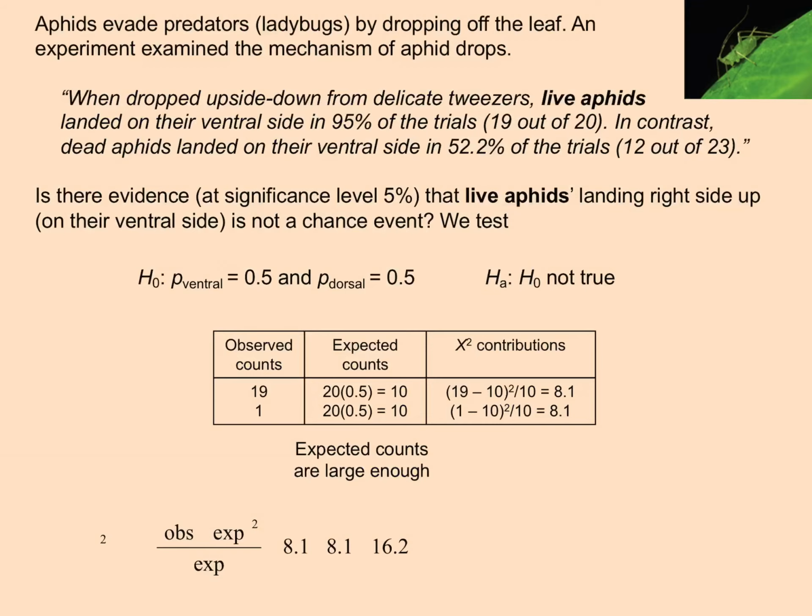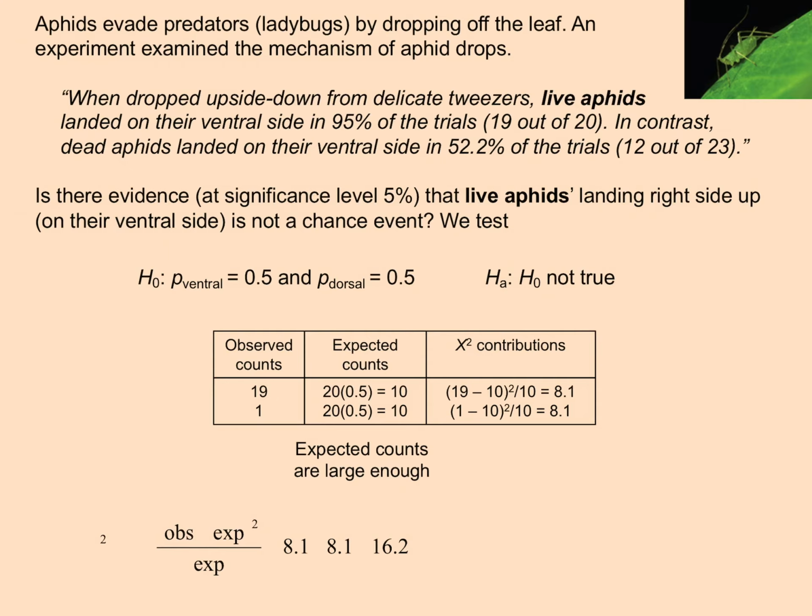Our null hypothesis is that the probability of ventral landings equals 0.5, and the probability or proportion of dorsal landings also equals 0.5, just like flipping a coin. The alternative in the case of chi-square is really simple. It just says that the null hypothesis is not true. That's always what your alternative hypothesis in the case of chi-square says. It says that your null simply is not true.